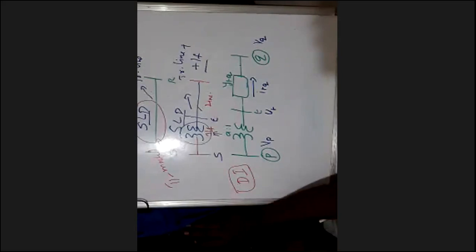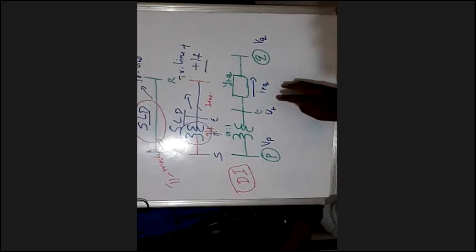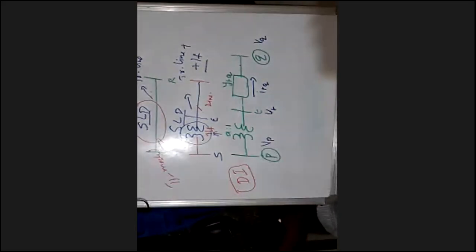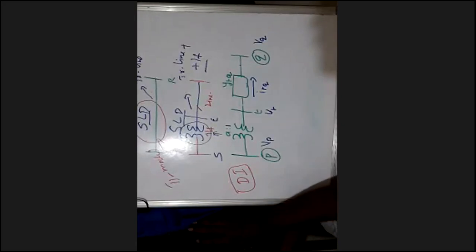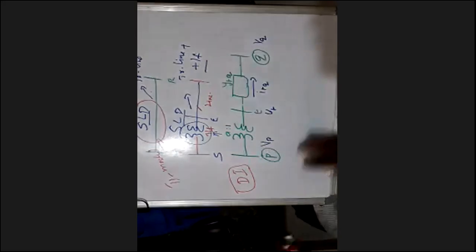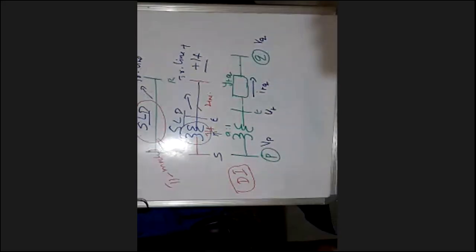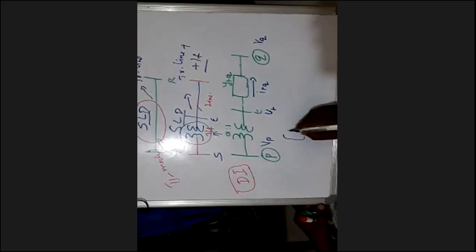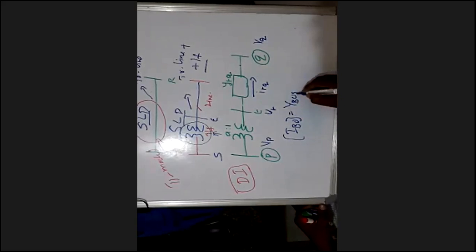Listening, sir. Listening, okay. So do you understand what I have written here with the single line diagram? Yes, sir. Right, okay. Now you see that I have to frame this into Y bus format. Y bus format means what we know, I bus is equal to Y bus into V bus.